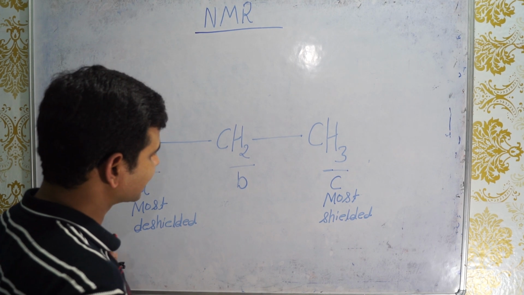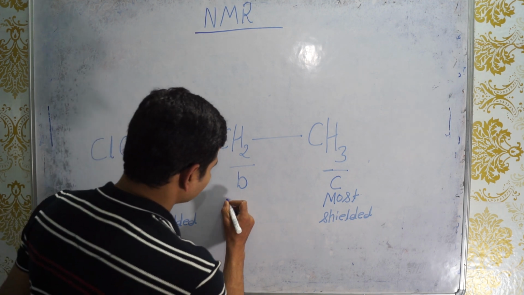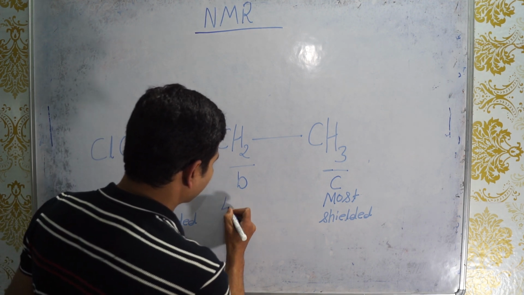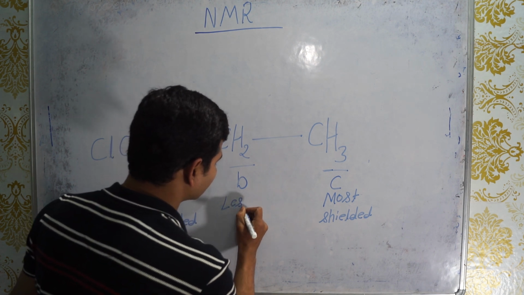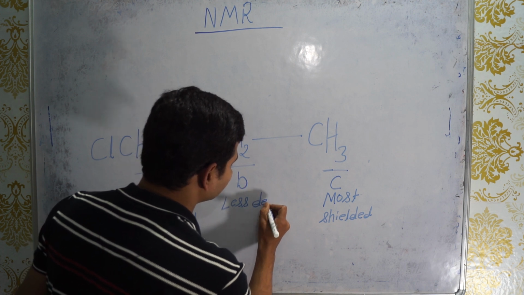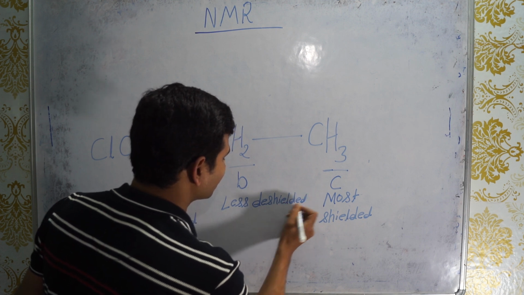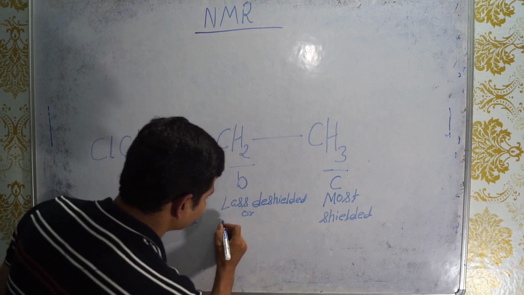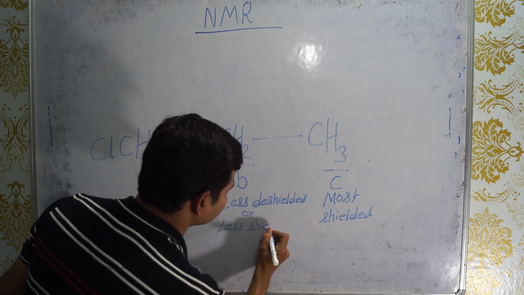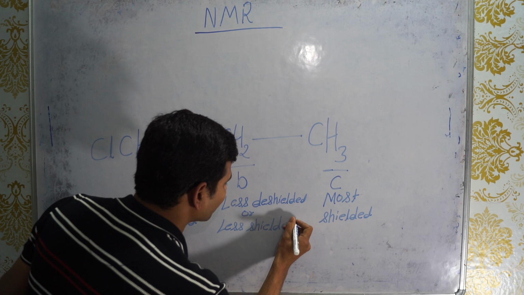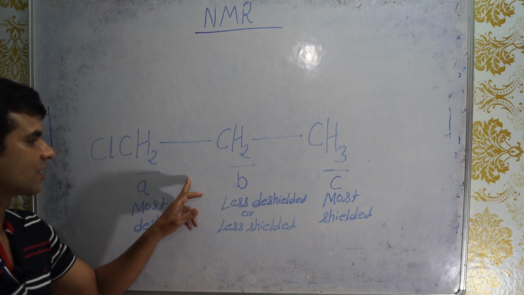Therefore, type B hydrogen atoms would be either less deshielded or less shielded. Finally, we have got 3 types of hydrogen atoms in 1-chloropropane.